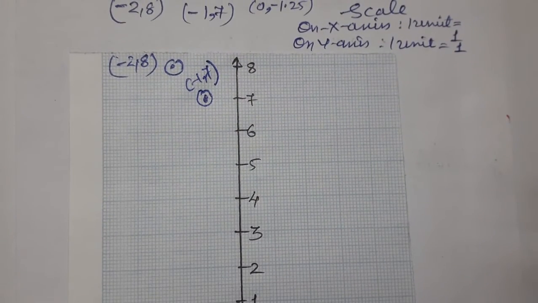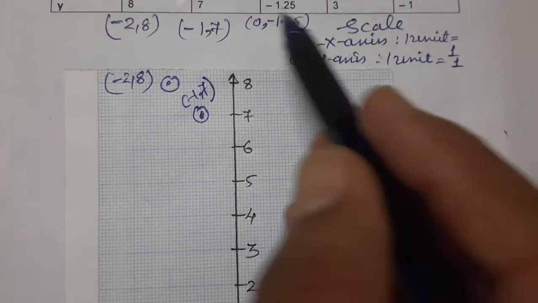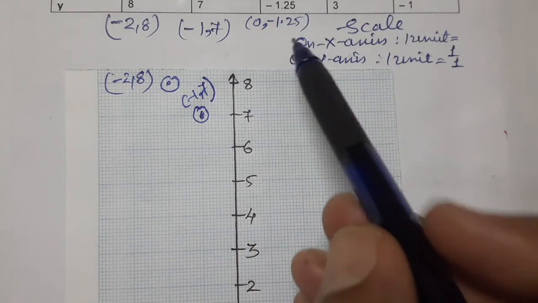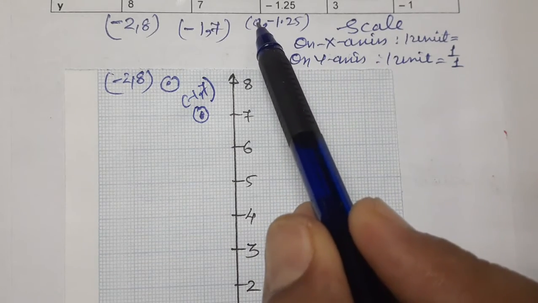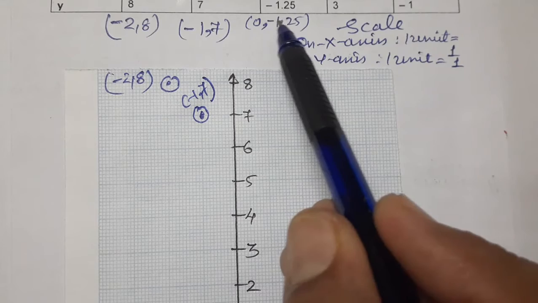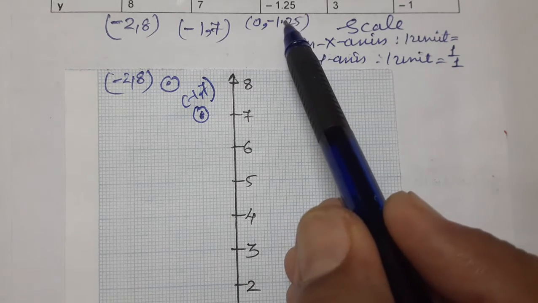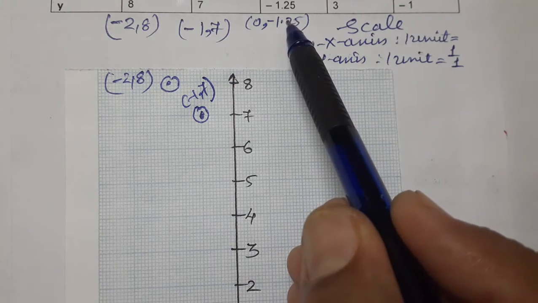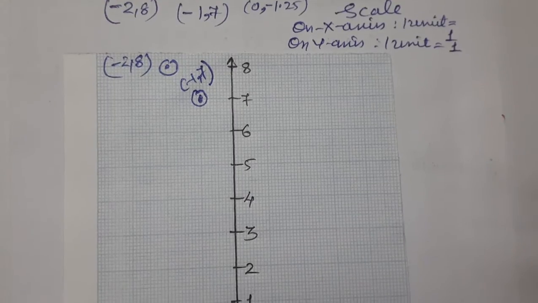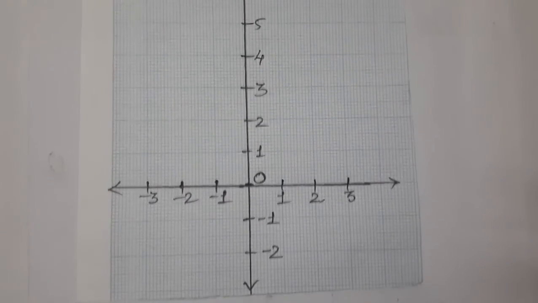Now the third point, see, 0 and minus 1.25. And children, you know that if the x coordinate is 0, then the point lies on the y-axis. And this is minus 1.25. That means it lies between minus 1 and minus 2. So see, this is the y-axis.